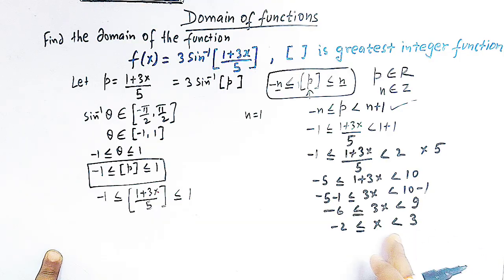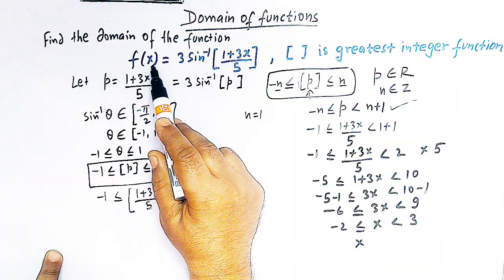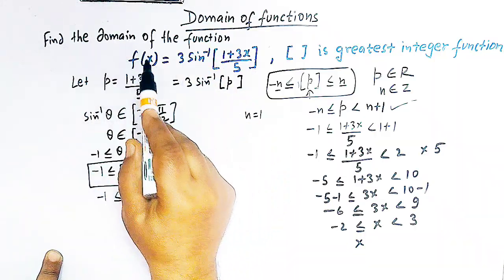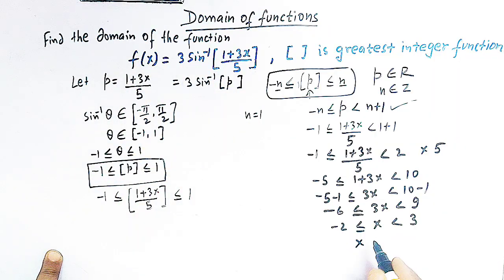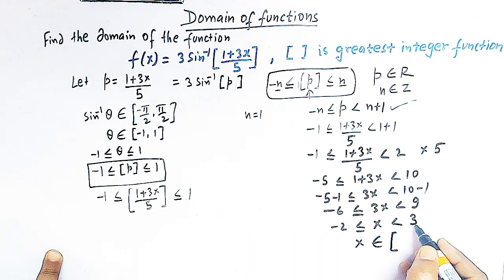From this inequality we can conclude that the valid values of x for which this function is defined, that is the domain of this function f of x, is given by the interval which is closed from the left and open from the right, so 3 is not included.